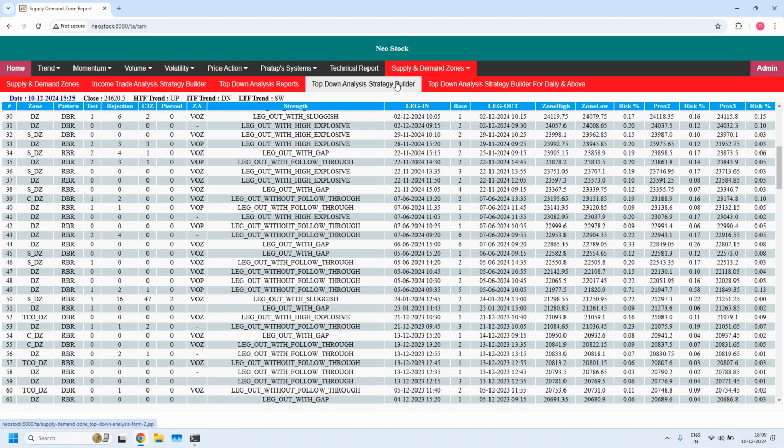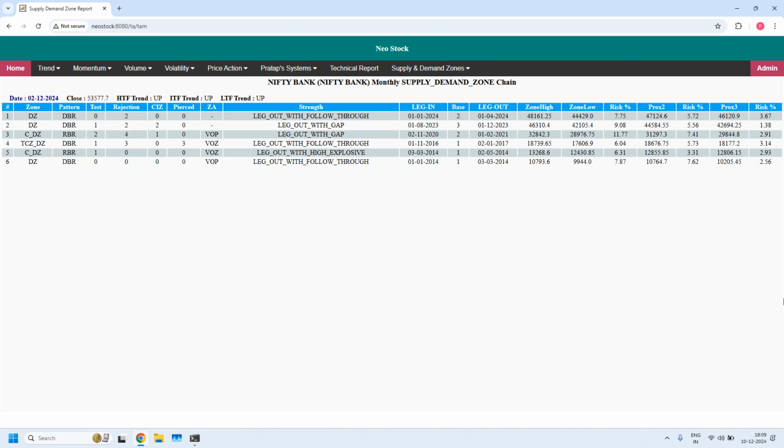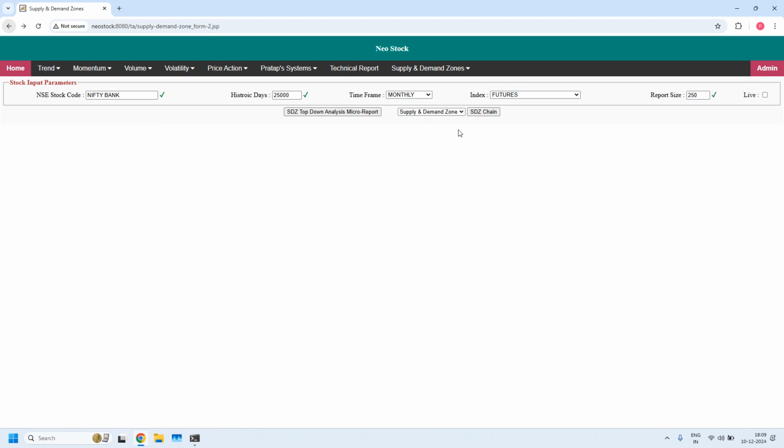Next, BANKNIFTY supply demand zone chain. That is nothing but NIFTY Bank. So I am generating monthly supply demand zone chain for BANKNIFTY. Next, weekly supply demand zone chain for BANKNIFTY.